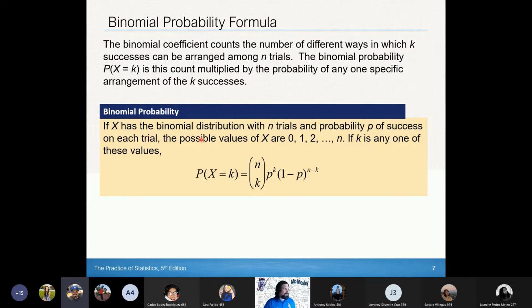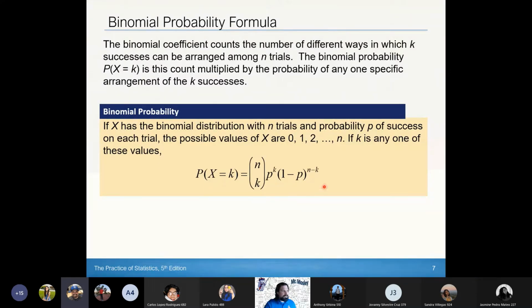If X has a binomial distribution with n trials and probability p of success on each trial, the possible values of X are 0, 1, 2 through n. If k is any one of these values, then the probability of X being exactly k equals n choose k times the probability of success to the kth power times the probability of failure to the n minus k power.